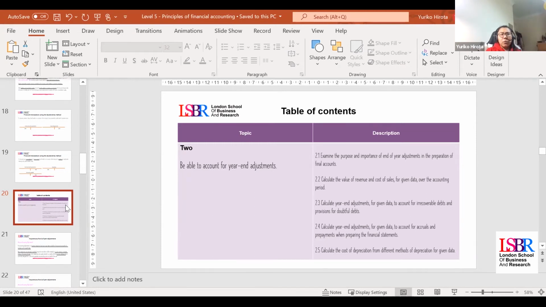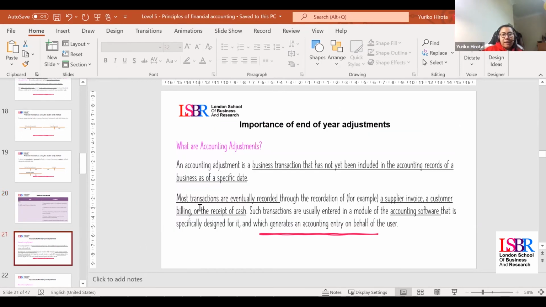We are also going to check not the most important, but at least the most common adjustments, why those adjustments are very crucial to the company, and how to do those adjustments.